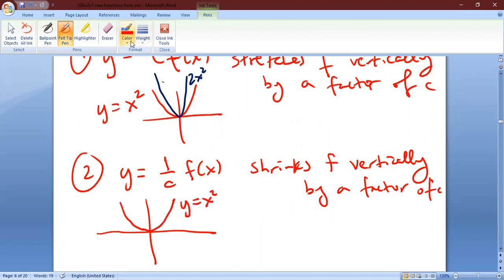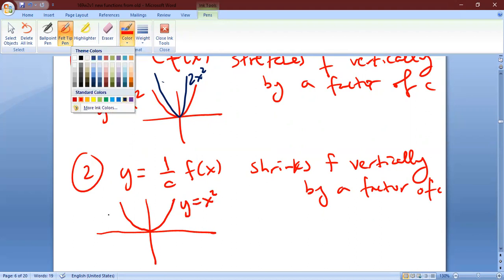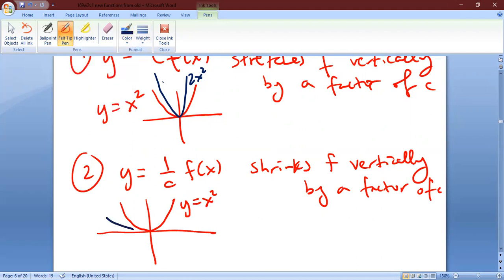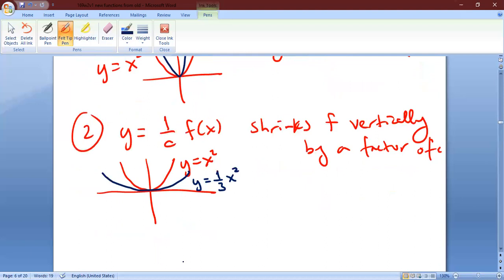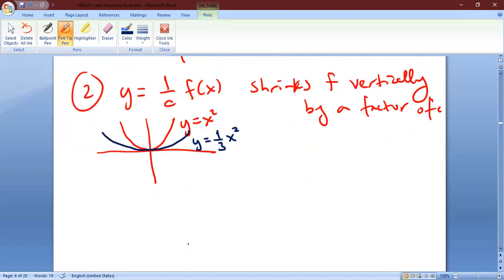If you multiply this by, let's say, 1 over 3, then it's going to be something like this. This is y equals 1 over 3 x squared. It shrinks vertically by a factor of c. In this case, c is 3. So we are multiplying by 1 over 3, and we get something like this.